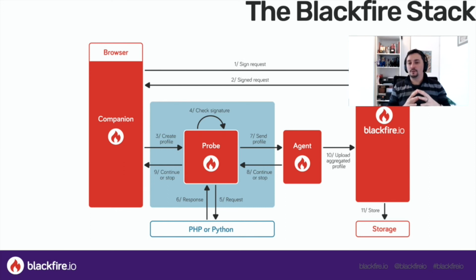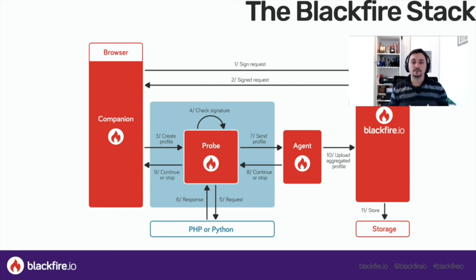Another really important thing that the agent does is that whenever the probe is collecting data, it may collect a tremendous amount of data. It can therefore also collect some data that are not necessarily useful when it comes to performance optimizations.